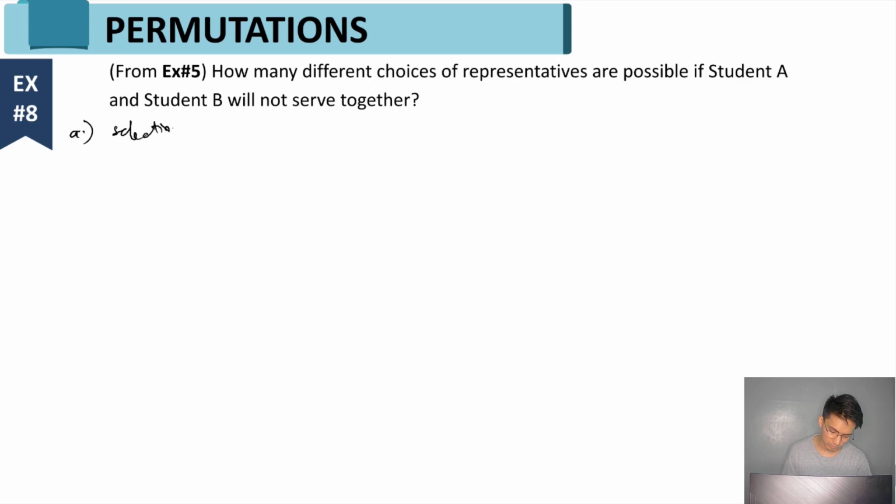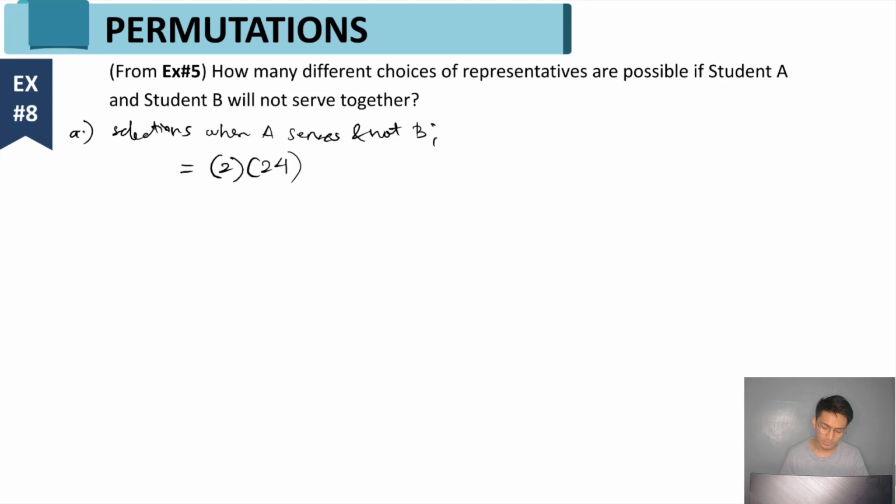That's the third situation. For situation A, selections when A serves and not B. So, that's situation A. Ang mangyari dito sa situation A is more like a multiplication rule lang. Lagay natin, we have 2 times 24. Okay, paano ba naging 2 and 24 yan?